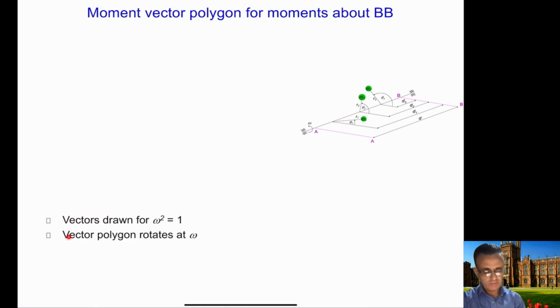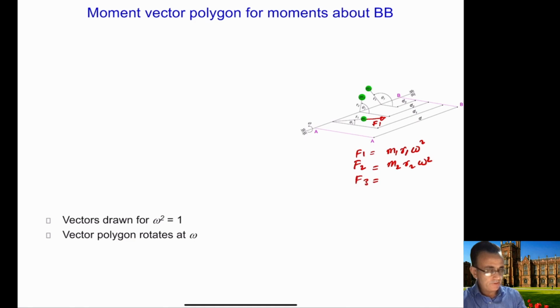Okay, so now we will start with omega square equal to 1, because we can draw the forces here. We know that F1 is equal to M1 R1 omega square. Similarly, F2, which is the centrifugal force of mass 2, is M2 R2 omega square.